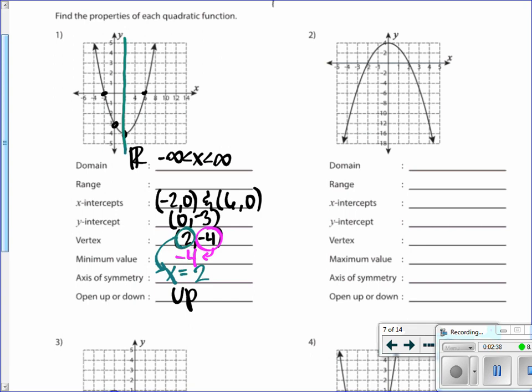That's our last part. Y is greater than or equal to -4. So that vertex helps fill in 3 additional blanks, not just the vertex blank. I told you all yesterday, vertices are a big deal. They're a big deal.